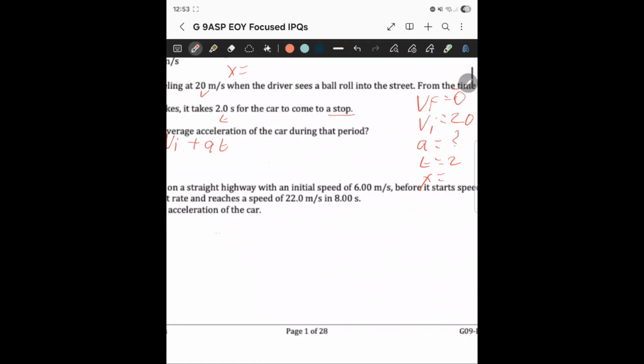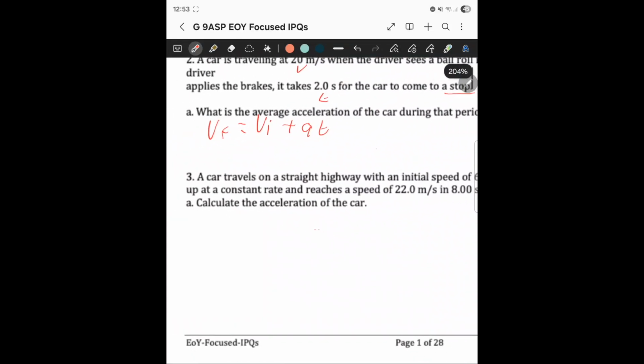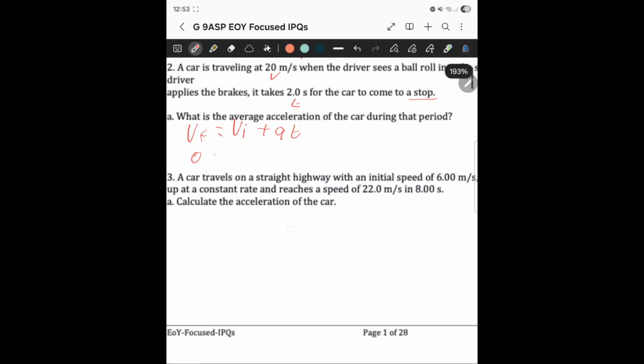So yes, VF, VI, A, and T. Same formula. I can do shift solve: 0 equals VI, 20, plus A multiplied by time, 2 seconds. If you do this, A, you should get, hopefully, minus 10 meters per second squared, which makes sense because it's negative. He will be slowing down.